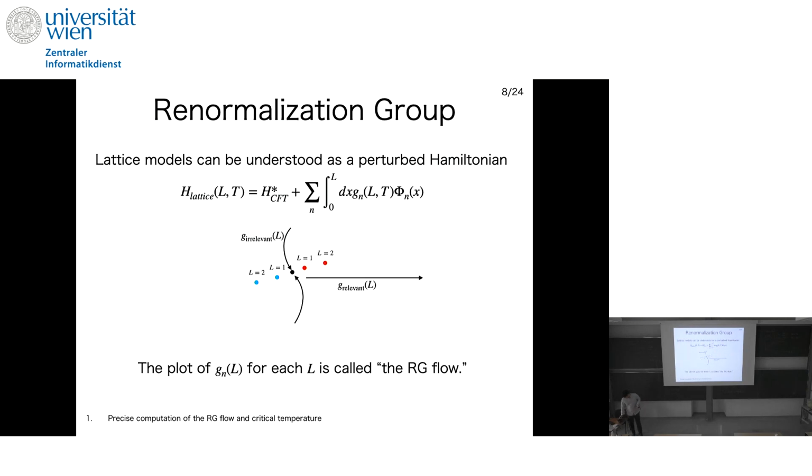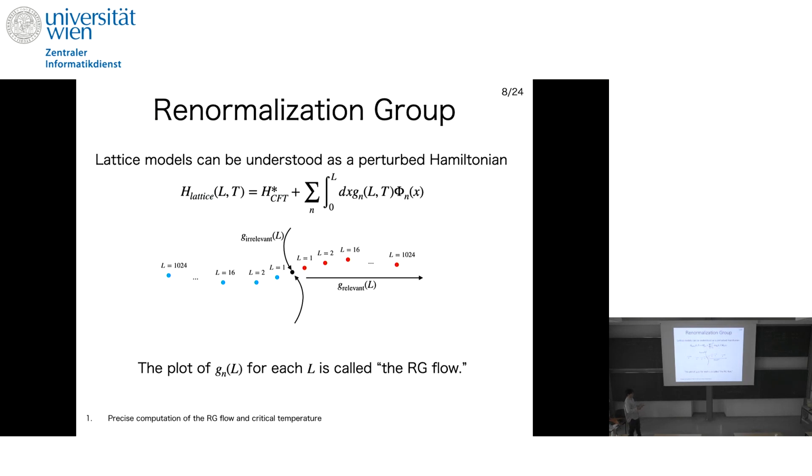The important thing is the relevant perturbation term: you start from here or here as an initial coupling, and when you increase the system size, you see different flows of the coupling constants. And this plot of coupling constants for various system sizes is called the RG flow.